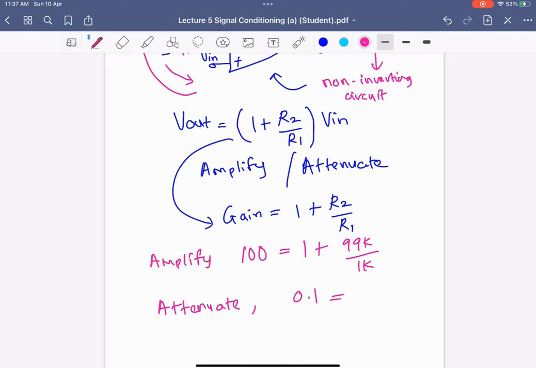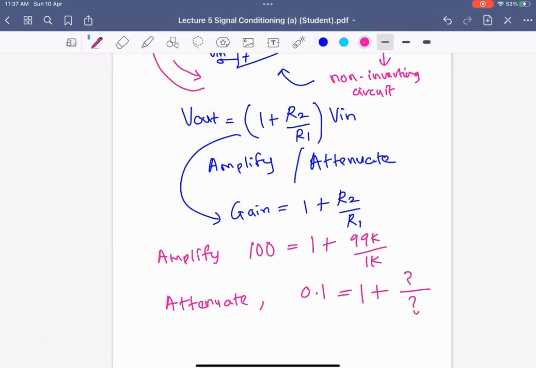So what will be the values for R2 and R1? I want to make it attenuate, de-amplify, meaning I will multiply by 0.1, where this one multiplied by 100.